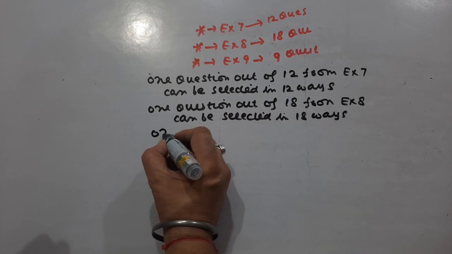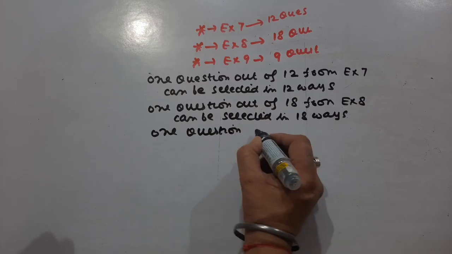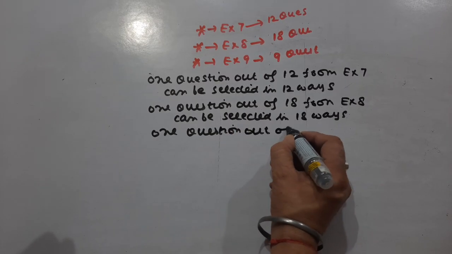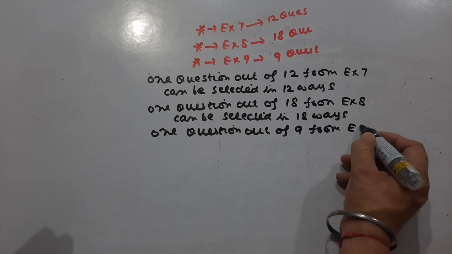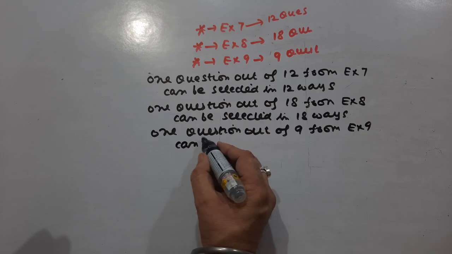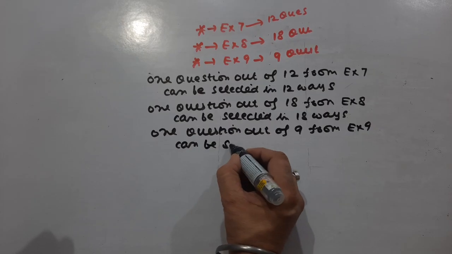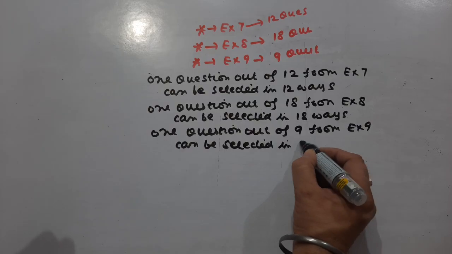And one question out of 9 from exercise 9 can be selected in 9 ways.